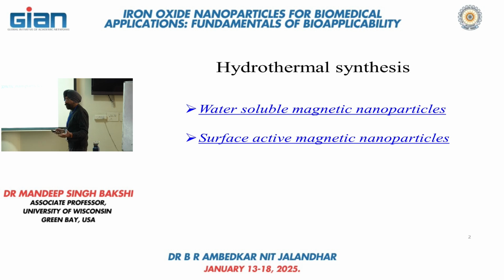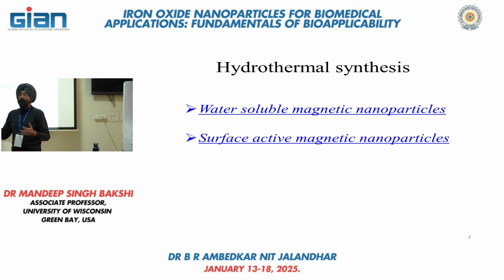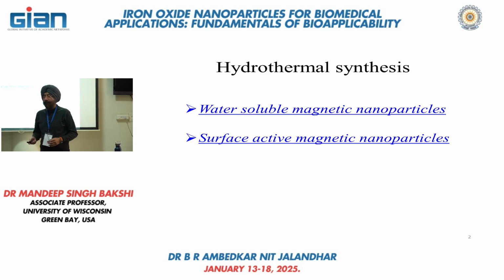Now we know the characteristic properties, we know the crystal structure, we know the unit cell, everything we know. And now we can see under what circumstances we can use them for different kinds of applications.